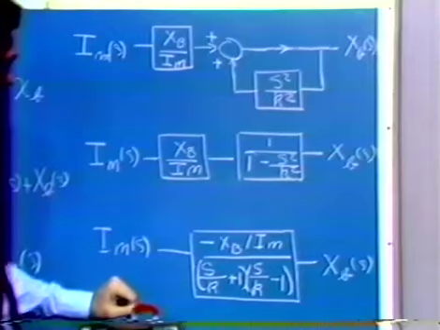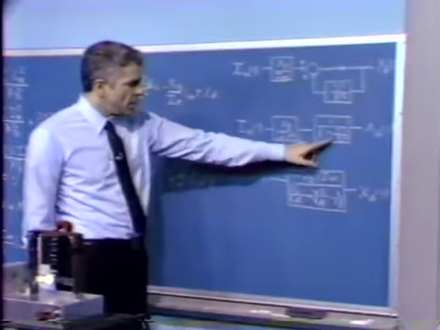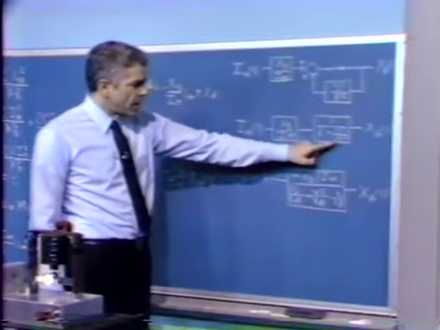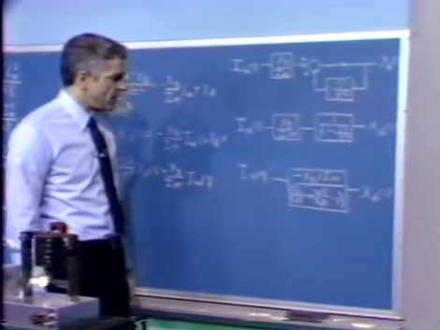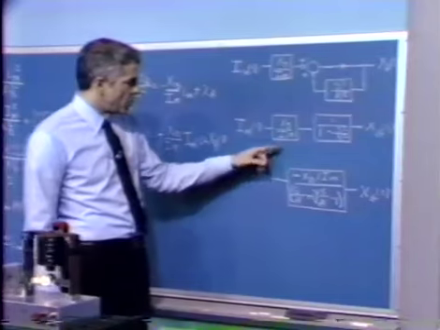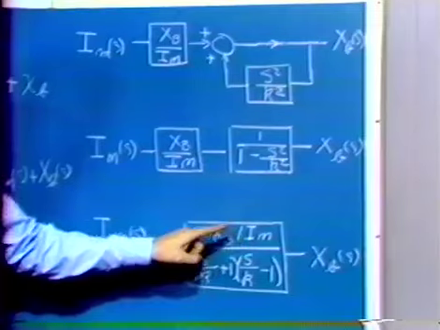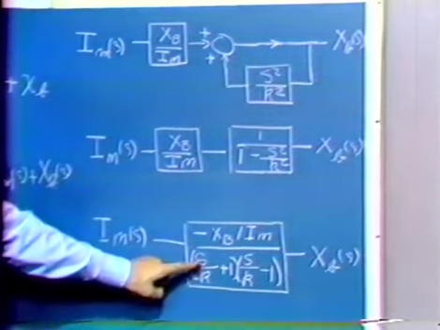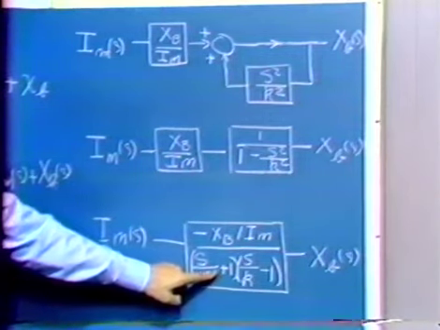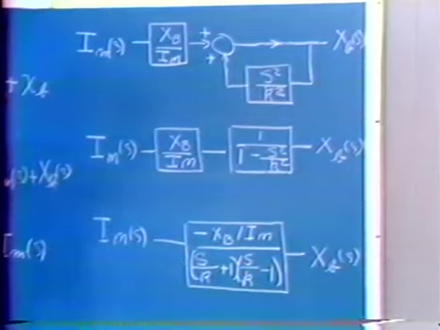It is probably a little more convenient to take the negative of the denominator, s squared over k squared minus 1, and counter that by taking the negative of the numerator. When we do all of that, we get minus xb divided by Im, and we can then factor the denominator as s over k plus 1 times s over k minus 1.